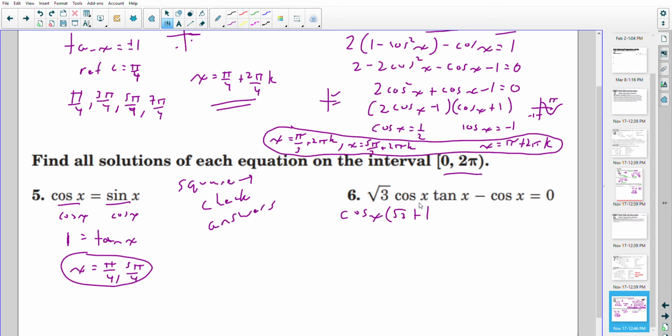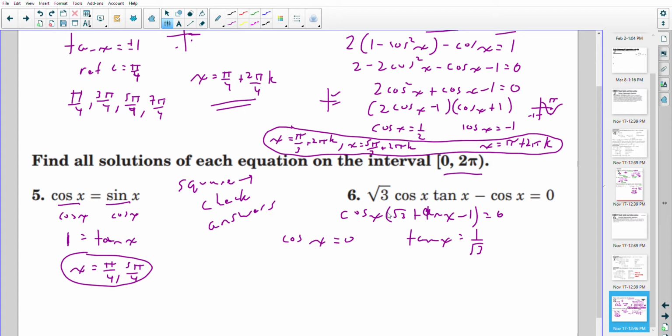Radical 3 tangent x minus 1 equals 0. Okay, cosine x can equal 0, or tangent x can equal 1 divided by square root of 3.